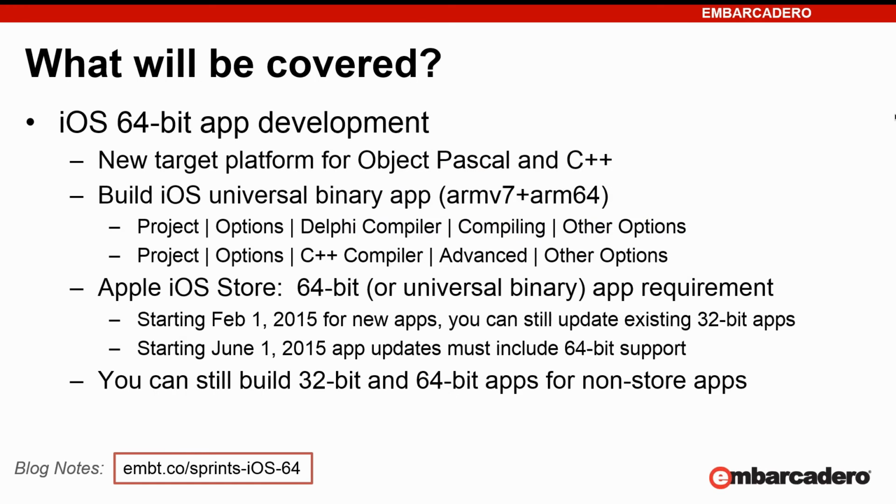So in this skill sprint, I'm going to cover what you need to do in RAD Studio XE8 to build 64-bit apps. This is a new target platform for Object Pascal and C++, iOS 64. A lot of the precursor work was done back in the days of Delphi for Win64 and C++Builder for Win64, meaning compiler work, language work, runtime library work, some of the work involved in FireMonkey and in the VCL for Windows only as it relates to what is an integer, what is a long integer, a long.